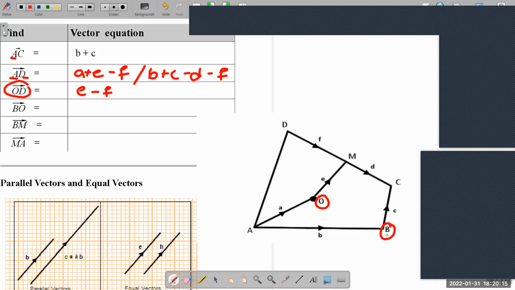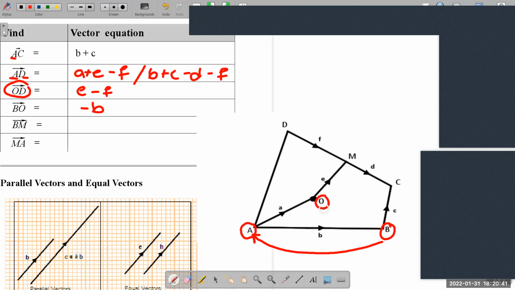So let's go. If I want to get to O, I need to get to A first. So what letter represents that movement? Is it a positive B or a negative B? Everybody, try that one for me. What should I write down first? Excellent. Negative B. Very good. So this takes us to A, but keep in mind, where do we want to end up?